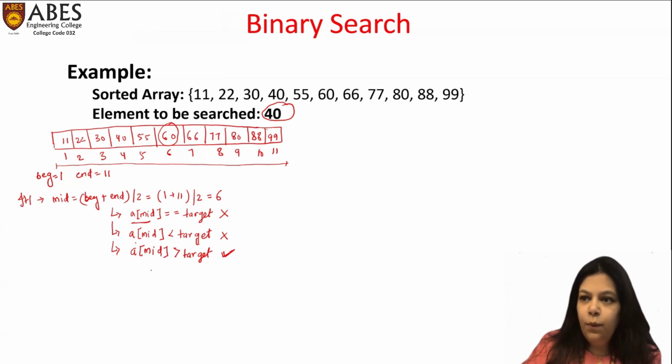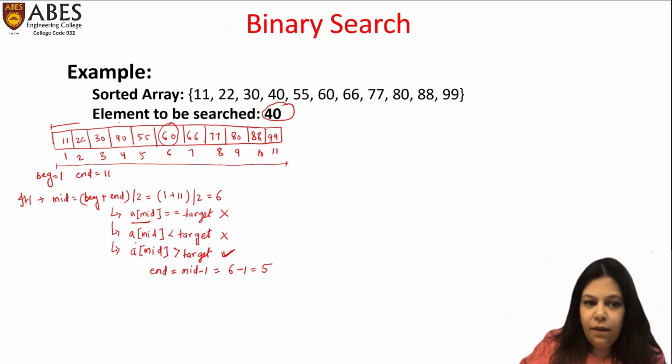So for this, we will shift the end to mid minus 1, right? So the end, which was 11, will now become 6 minus 1, that will be 5, right? So now for the next iteration, the effective array will reduce to this. And this is pretty clear, since the elements are sorted and the middle element is 60, that definitely we are going to find the target value in the left portion of the array, right?